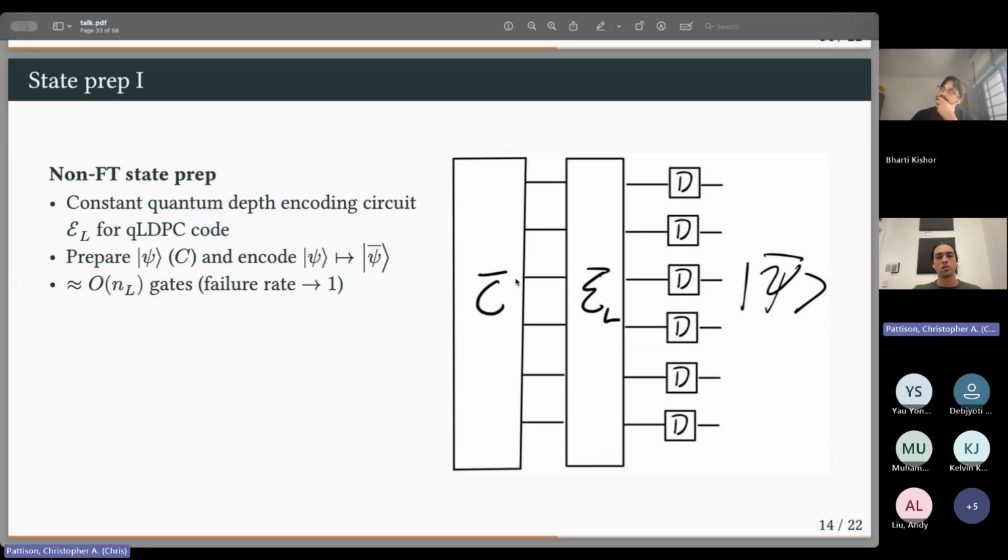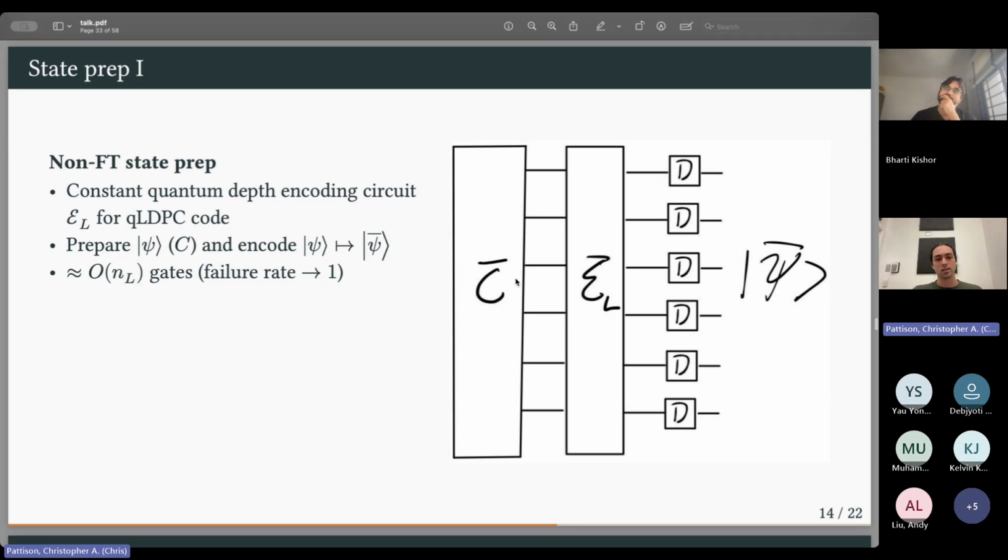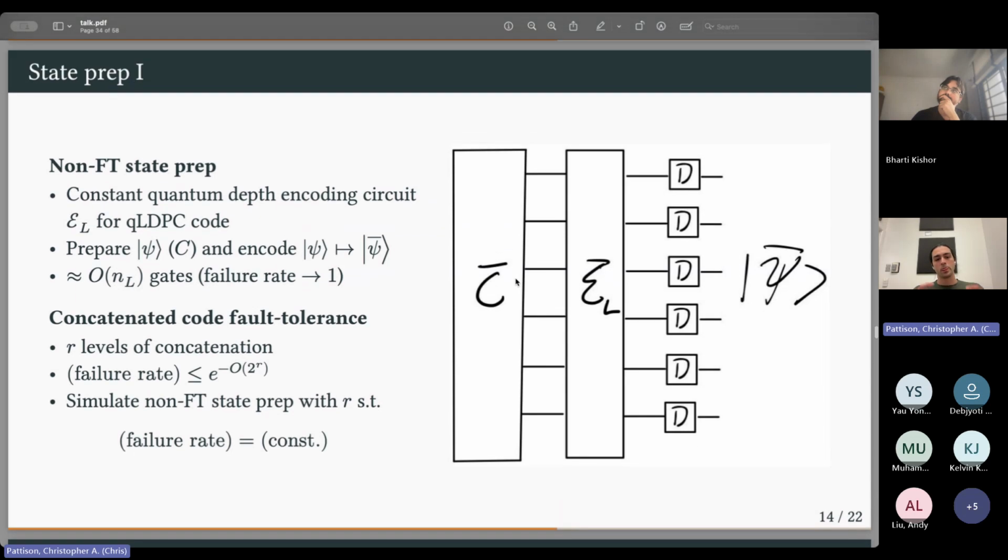But then what we're going to do is run the encoded version of this state prep circuit. So we're going to take the circuit and run it in a very small concatenated code, such that we can simulate this non-fault tolerant state preparation, and this entire procedure is going to fail with some rate that's constant.